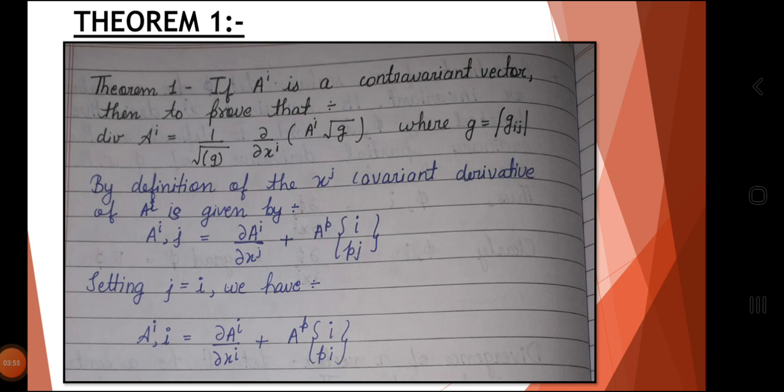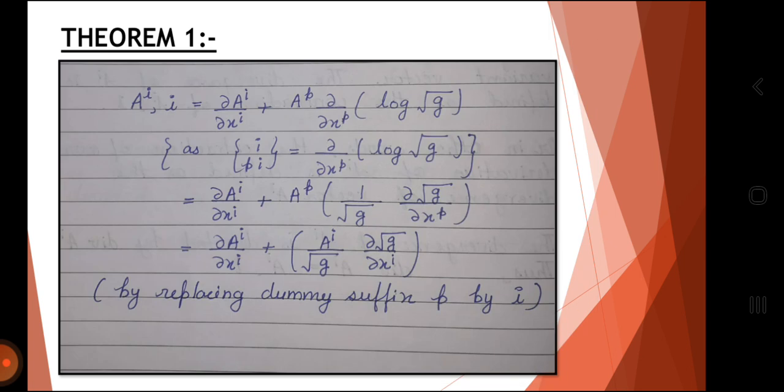Setting j equals i, we have A^i,i equals del A^i upon del xi plus A^p in the bracket ipi. Now A^i,i equals del A^i upon del xi plus A^p del upon del xp log under root g, as we know that bracket of ipi equals del upon del xp log root g.